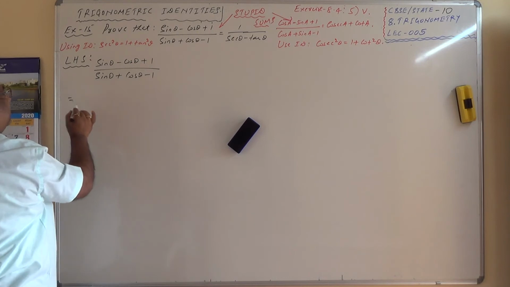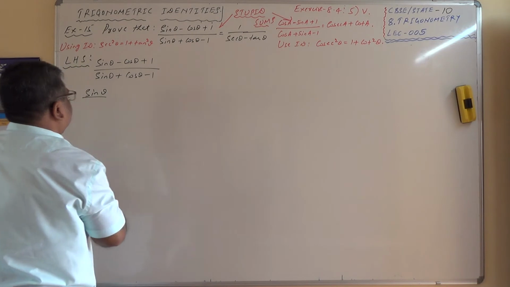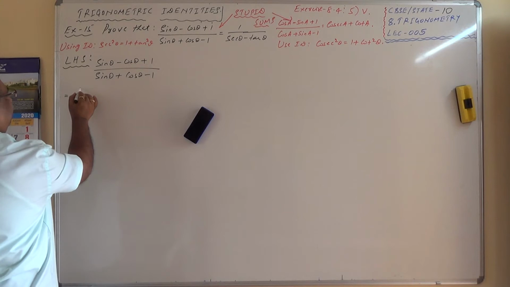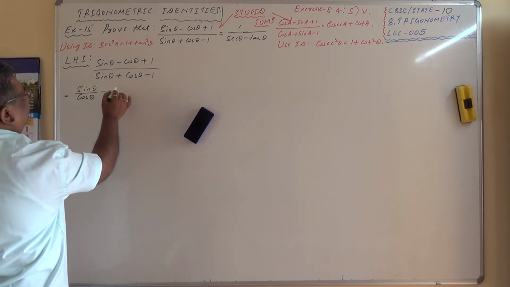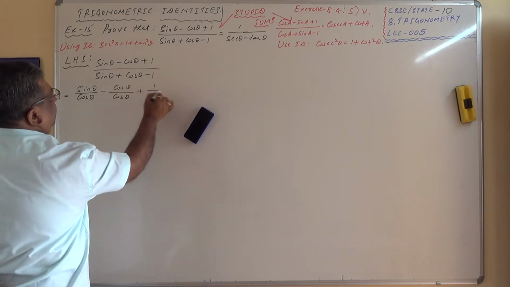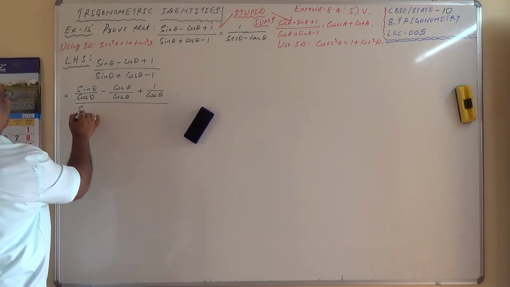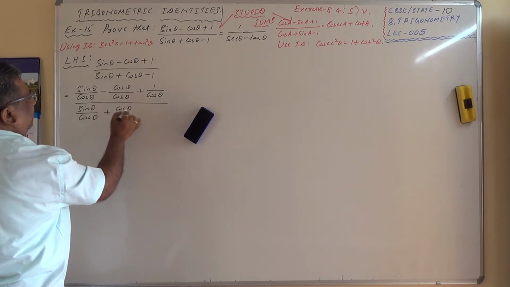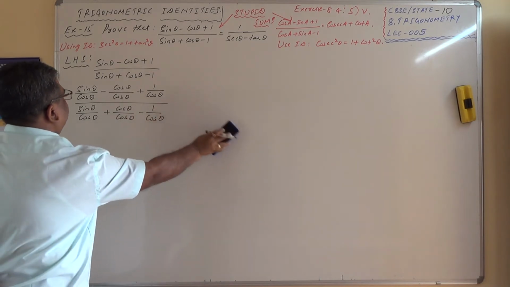So the reason is next: sin theta by cos theta minus cos theta by cos theta plus 1 divided by cos theta, the whole divided by sin theta by cos theta plus cos theta by cos theta minus 1 divided by cos theta.